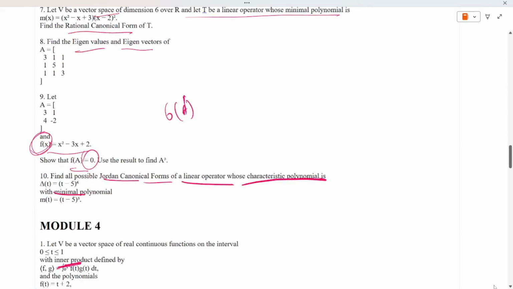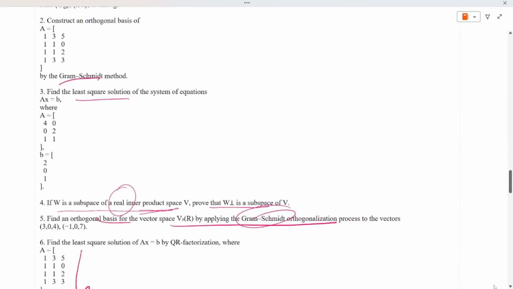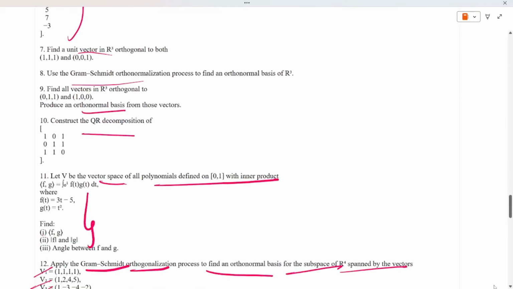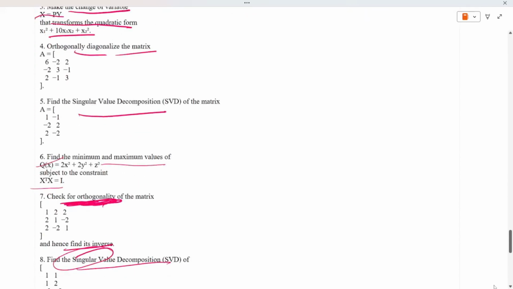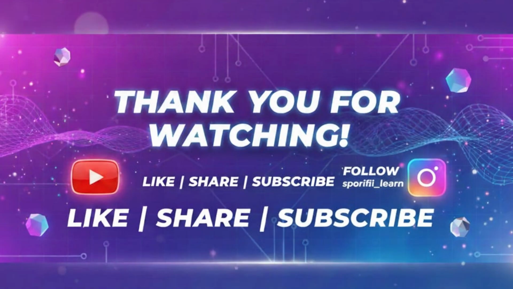That's all, module 3. And next is module 4. And next is module 5, the last module. I hope you have understood everything, what concepts you need to focus on and what questions you have to study.